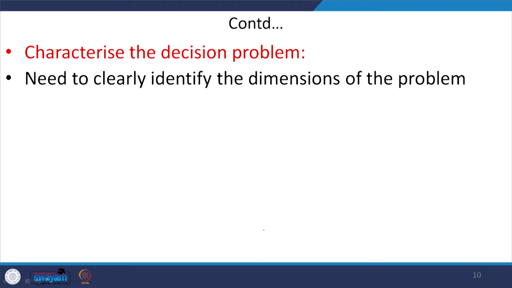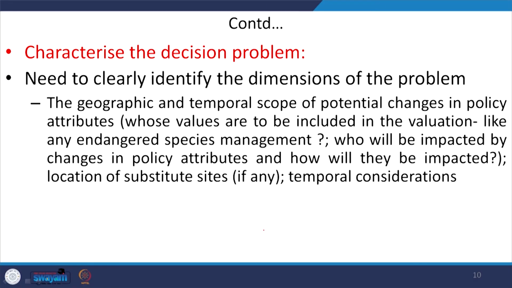So, what is the problem itself? We need to identify it, and discuss the scope of the problem, broadly these two things: the geographical scope of the potential changes, if some policy is going to happen, and the temporal scope of the potential changes.